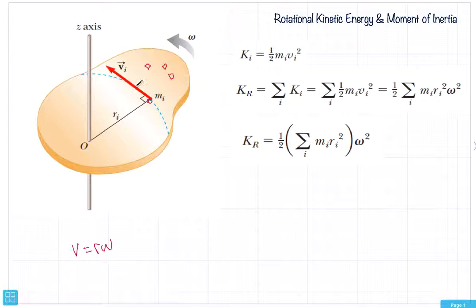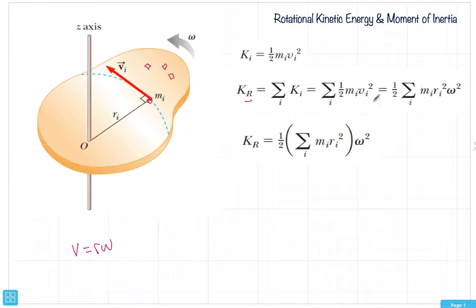The v's will keep changing as you get radially further outwards. So we think of the rotational kinetic energy, which is being shown here by Kr, as the sum of all the little kinetic energies, 1/2 mv squared, for the little mass elements, all added together. So we're using the sum notation here. And if you add up all the little 1/2 mv squareds, you end up getting this term here.